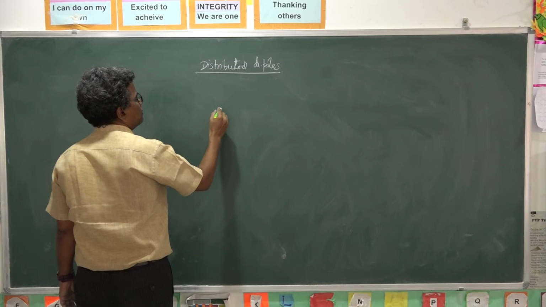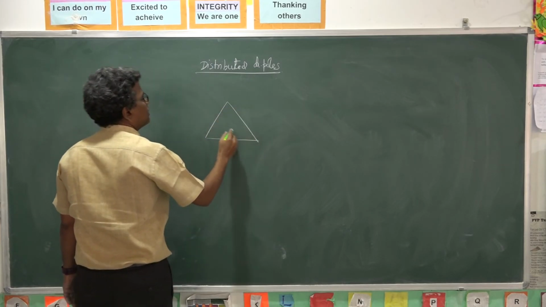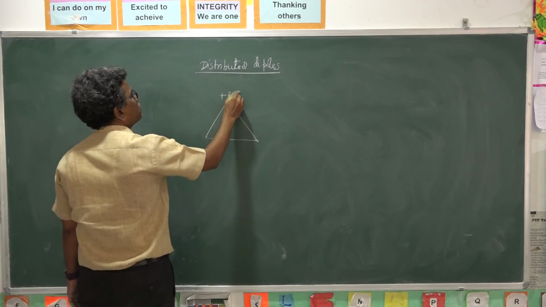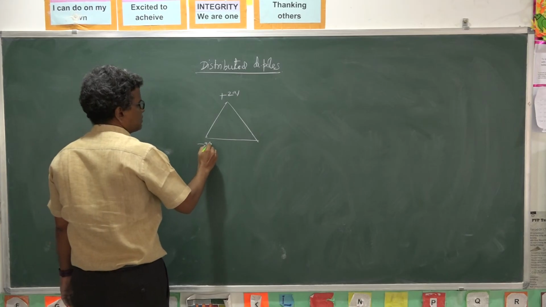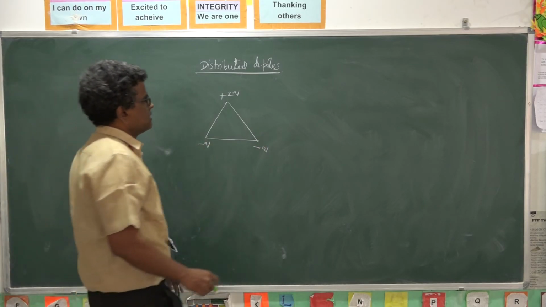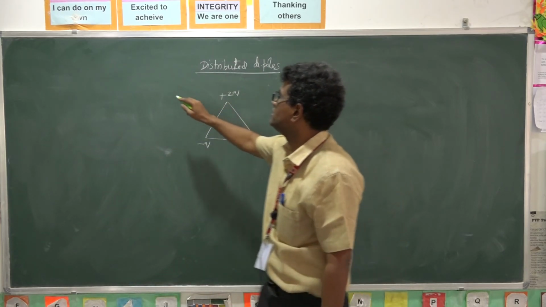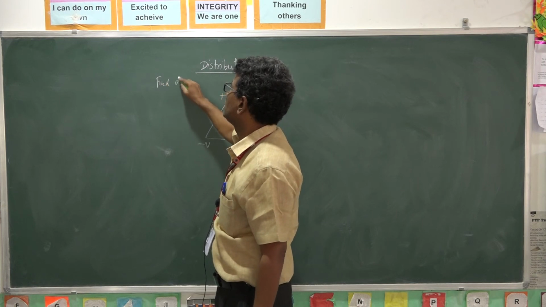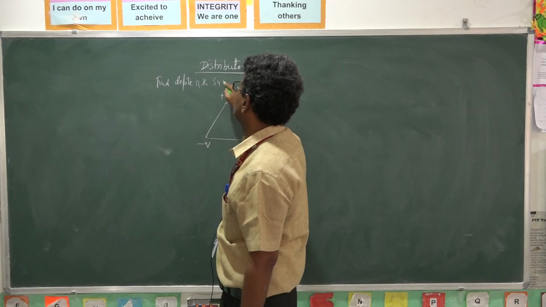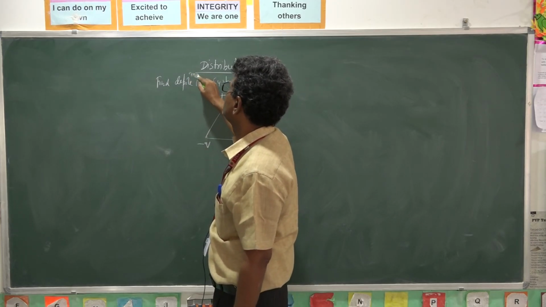Suppose this is plus 2q, minus q, minus q. What is the dipole moment of this system? Find the dipole moment of the system.